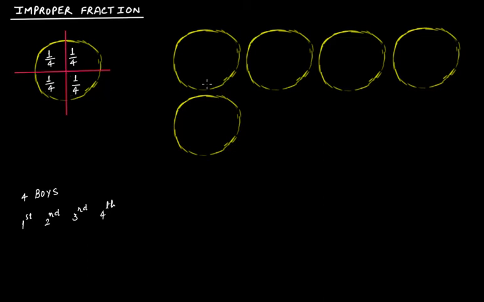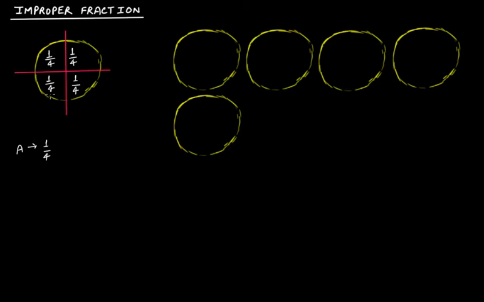Now, let's suppose that here we don't have these four boys, but just a person A. If this person A gets only this first part, he or she, doesn't matter, then this will be 1 by 4, because this person has one part of this pizza.